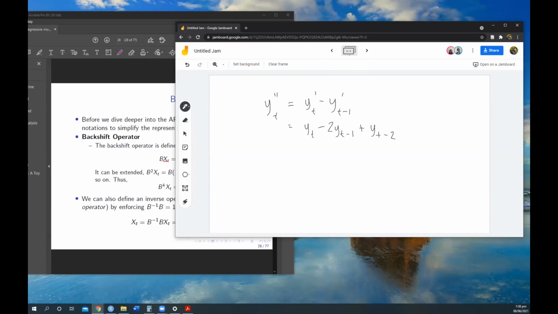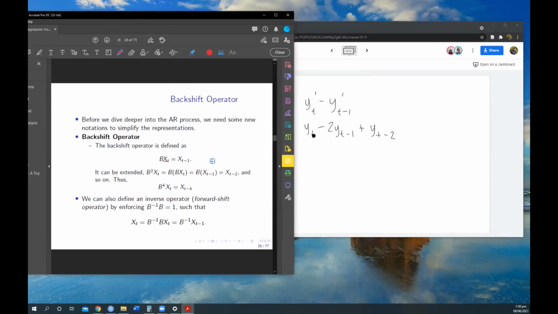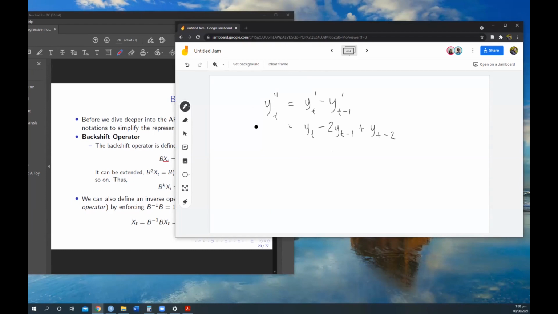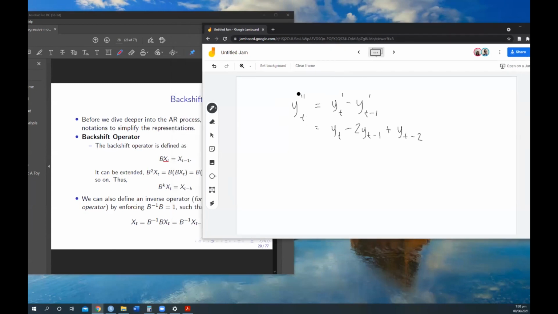Yeah? So I want you to give me what would be the notation or the formula. What would be the formula in backshift operator for second order differencing? Okay.